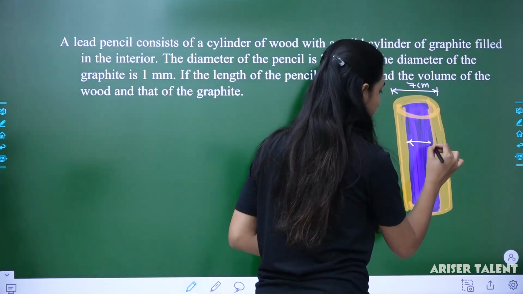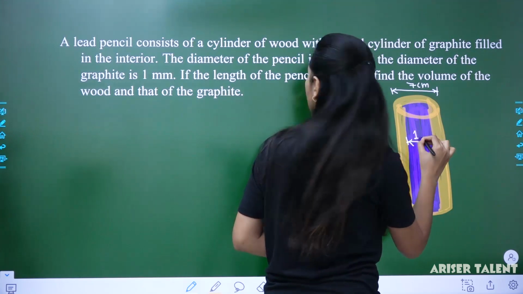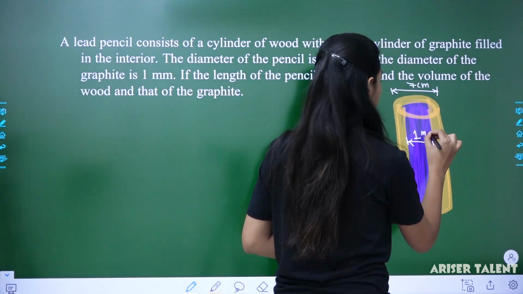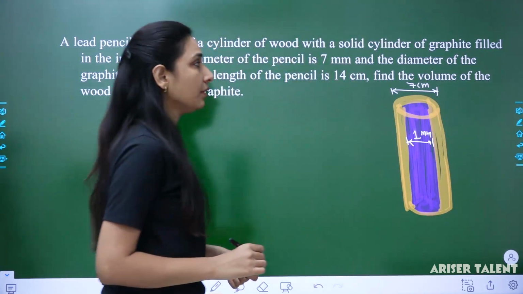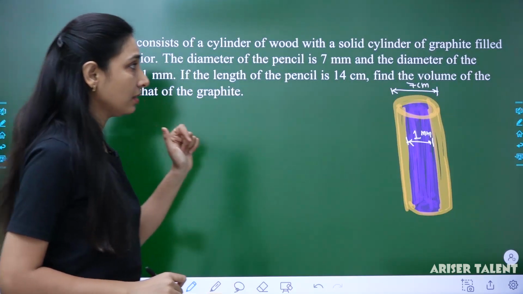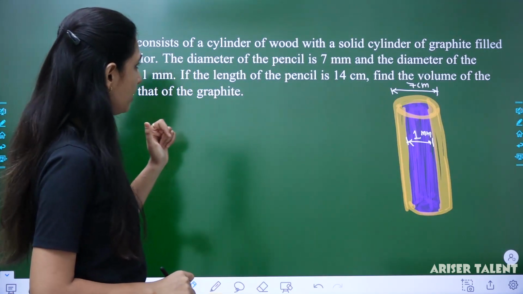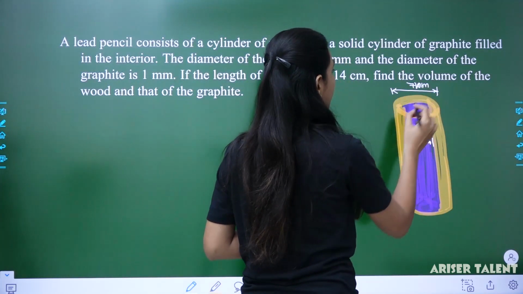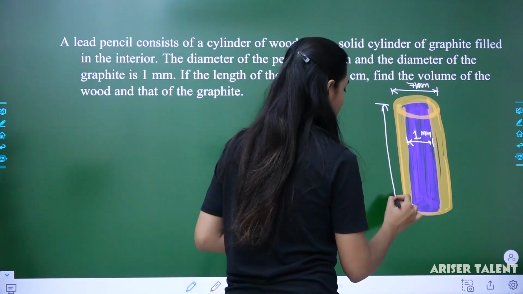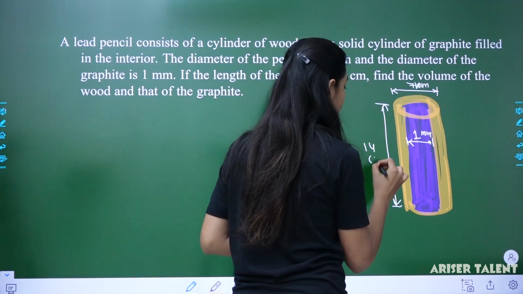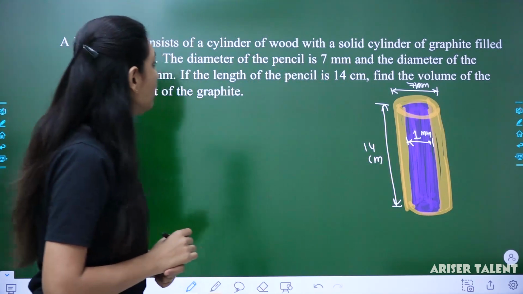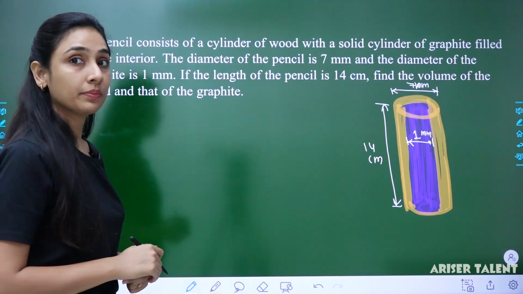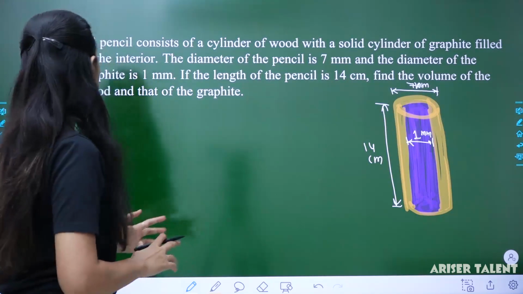So this is graphite, the inner material is 1 mm. One thing is given in mm and second thing is given in centimeters or mm. No. It's also in mm. Okay. But we are having here 14 centimeters as our length of the pencil. Okay. Now find the volume of the wood.